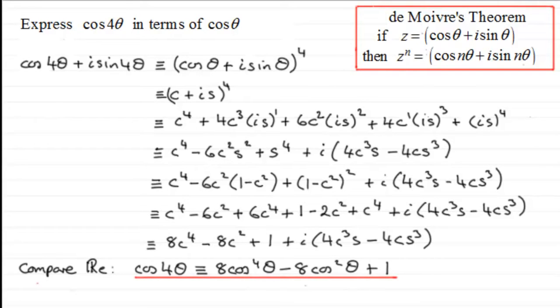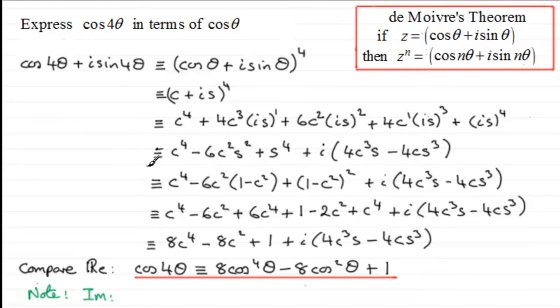But it's well worth noting at this point that we could have been asked to expand sine 4 theta in terms of cos theta and sine theta. And if that were the case, we would just compare the imaginary parts.